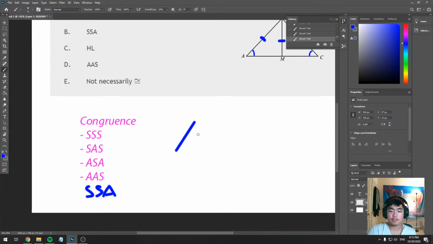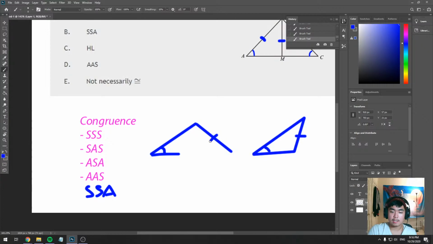Because you could have 2 sides like, say it's like this, right? And then an angle. You could also have it like this, right? So even though this side is the same, because we don't know the angle of this top part, we end up with different triangles.